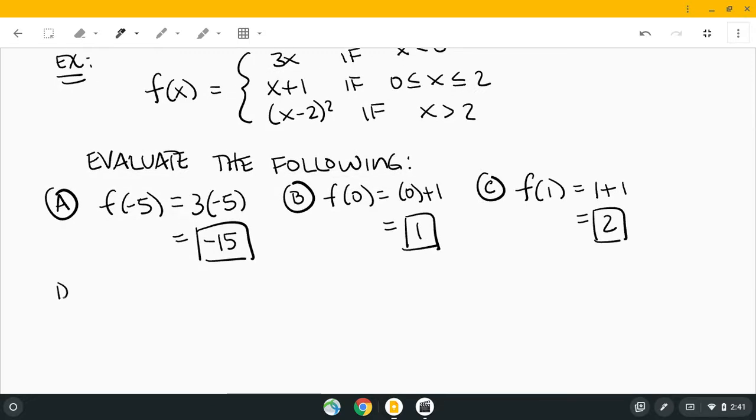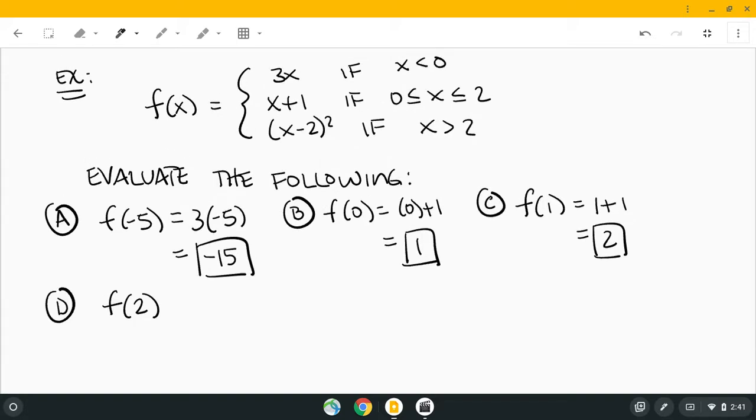Excellent. Go ahead and try this one. Evaluate f of 2. Hit the pause button and come back. All right. So 2 falls over here. I'm going to use this function, 2 plus 1, which is 3. Good.